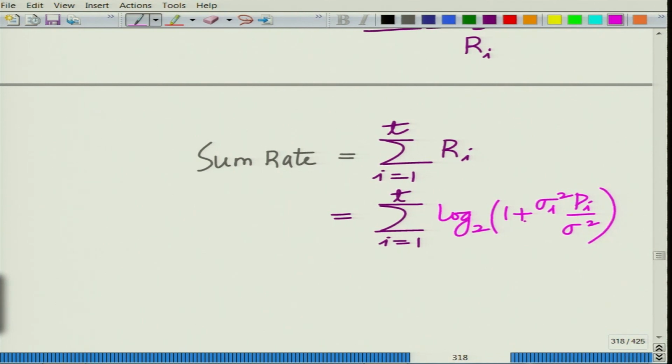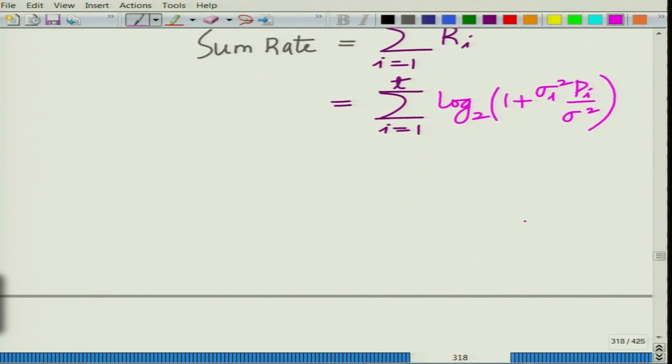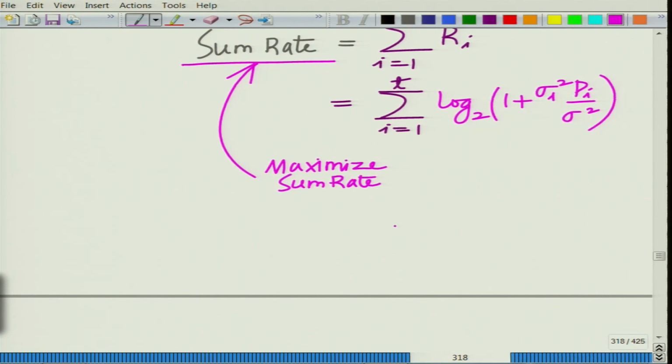This is the sum rate, and now we want to maximize this sum rate.